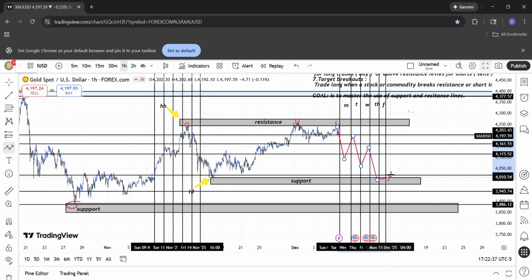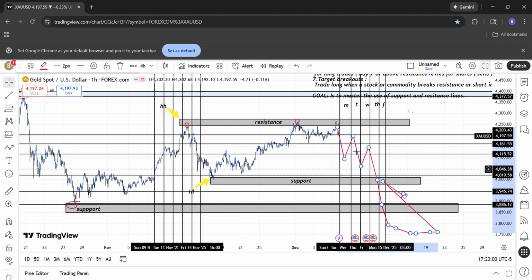This will tell you, is price going to stop and reverse, meaning go up, or is it just going to continue breaking the zone? If it breaks the zone, we're leaking, we're leaking, we're leaking. So if it's leaking here, you want to have another zone.